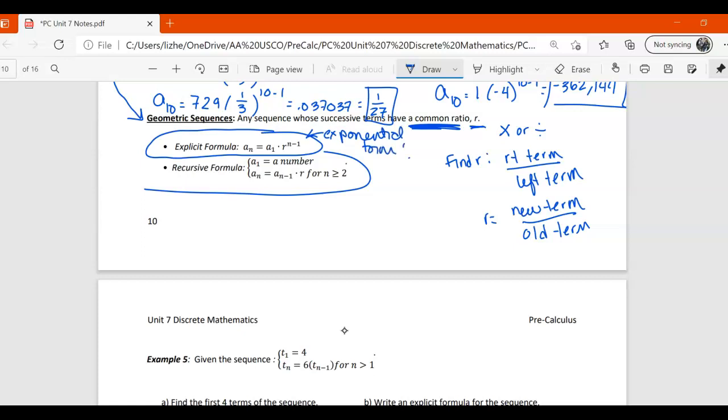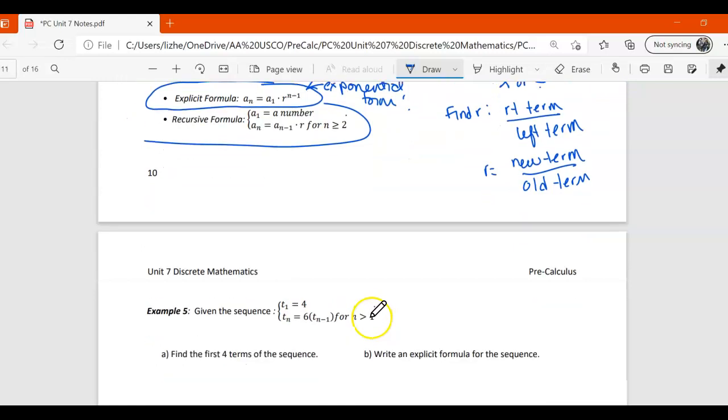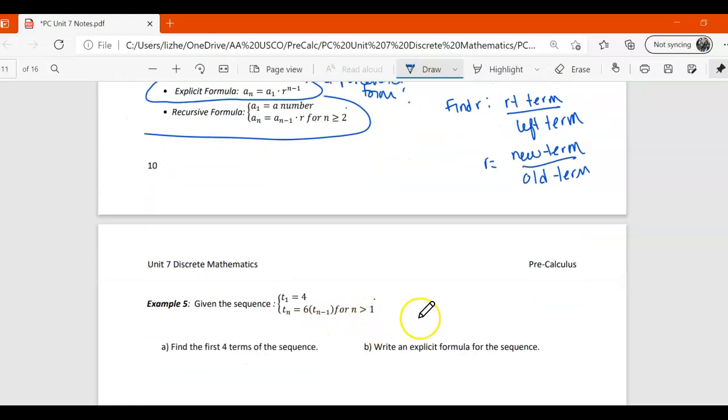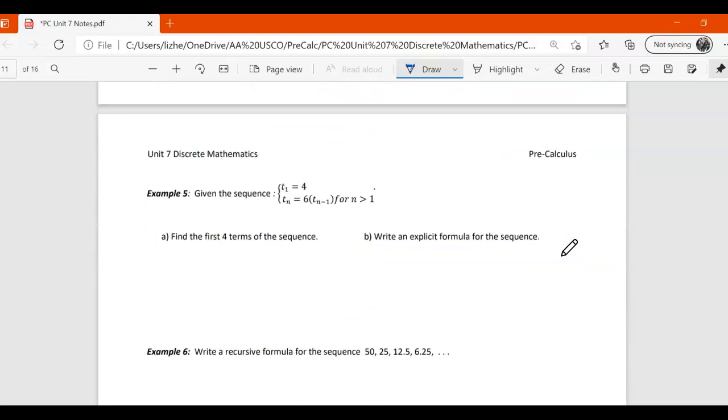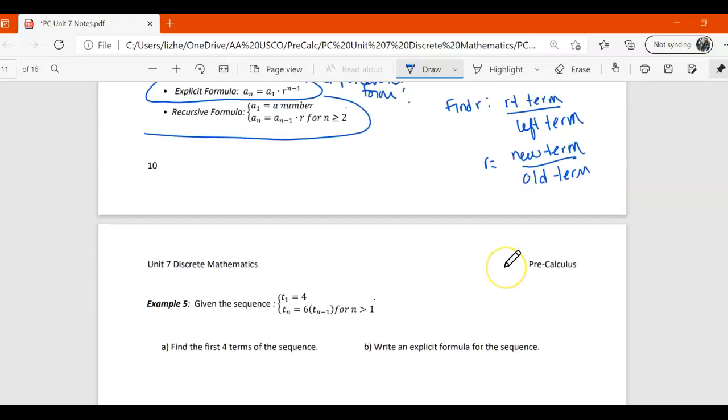Okay, so example 5. Given this sequence, T1 is 4 and Tn is 6 times the previous one for n greater than 1. Find the first 4 terms of the sequence. So looking at this and comparing it to the formula, you can see, here's your r times the previous. We changed the order a little bit, but that's okay. R is 6.